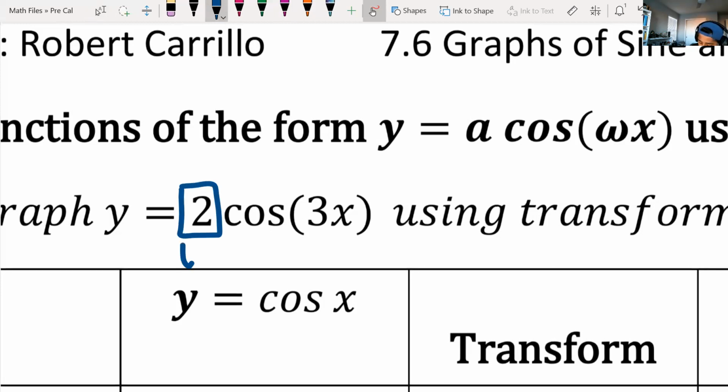That's a vertical stretch. Okay. What type of transformation does the 3 inside do? Horizontal compression. Good. Horizontal compression.